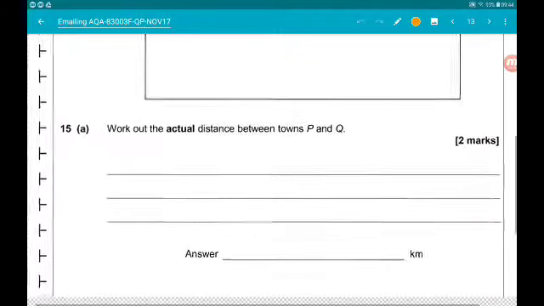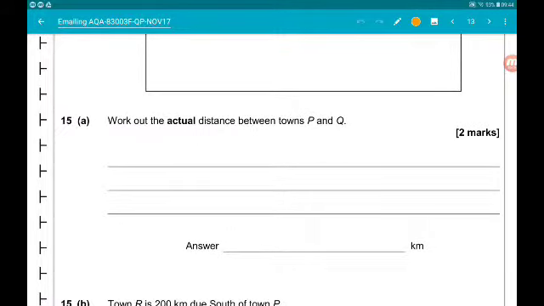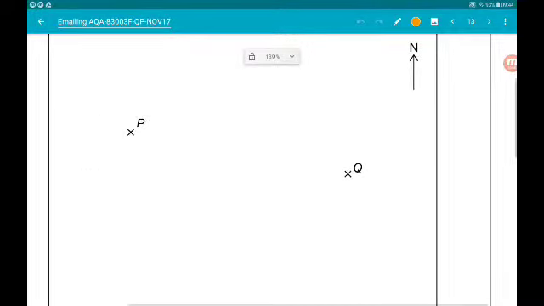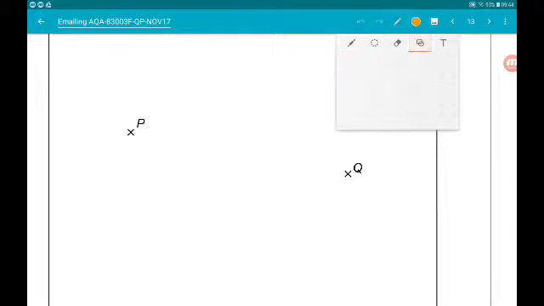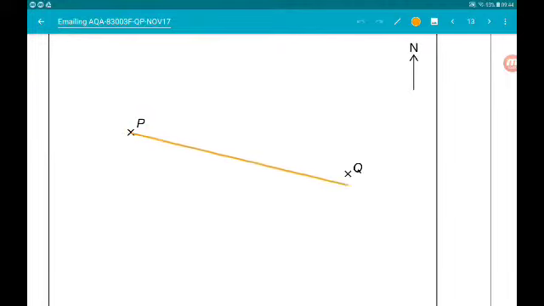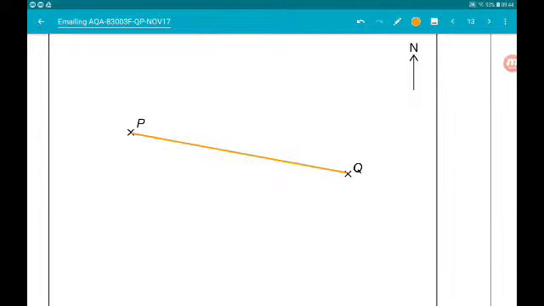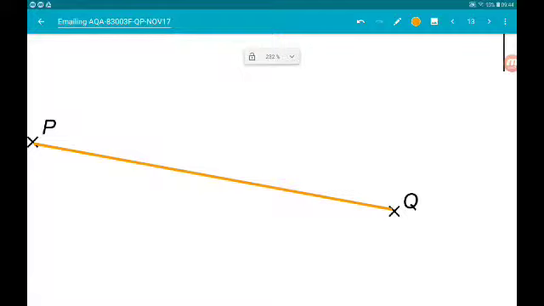Part A wants us to work out the actual distance between town P and Q. So, what we need to do is measure the straight line distance between P and Q. So, if you've got this printed off, you should get this to be about 7 centimetres.